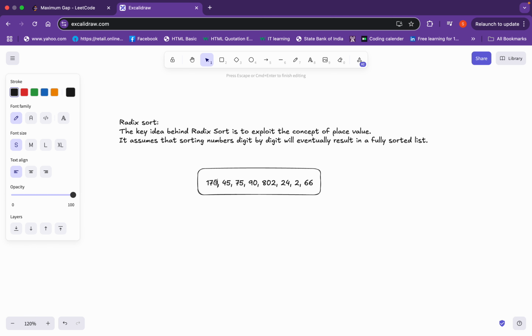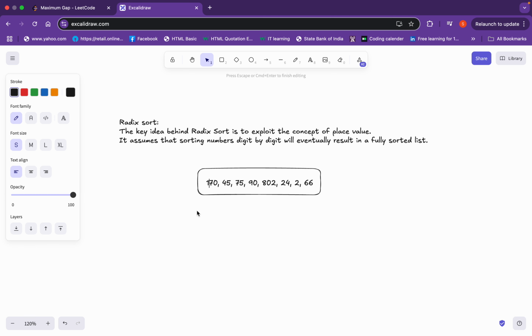For this example, 170, the least significant bit is 0, and the most significant bit is the digit present in the leftmost part of a number. That is, for 170 it's 1.